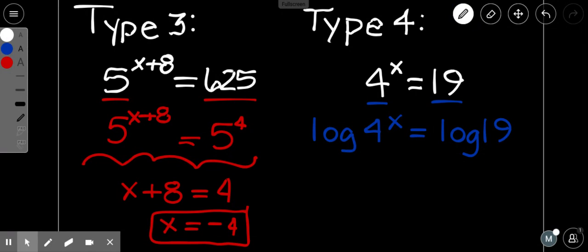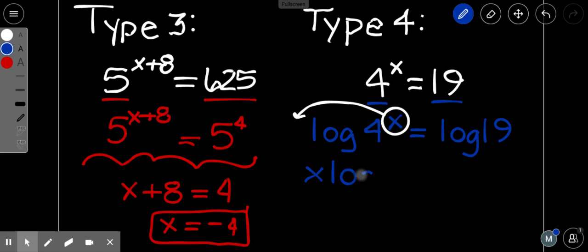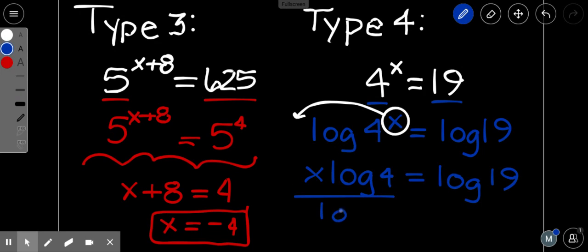And what we're going to do is take this exponent and jump it out front. So we'll have x times the log of 4 equals log of 19. We're solving for x, so since the x is multiplying by the log, we're going to divide by log of 4.